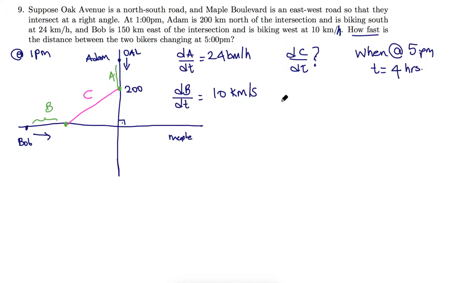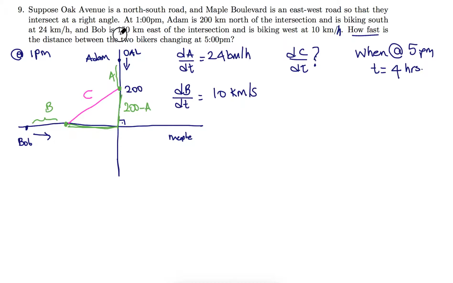4 hours has passed. Okay, so just like the previous problem, we have to be careful about the side lengths of this right triangle here. If Adam traveled A units in 4 hours, this length of the triangle will be 200 minus A. 200 minus the distance that Adam traveled. Similarly, this side of the triangle will be, what was this?